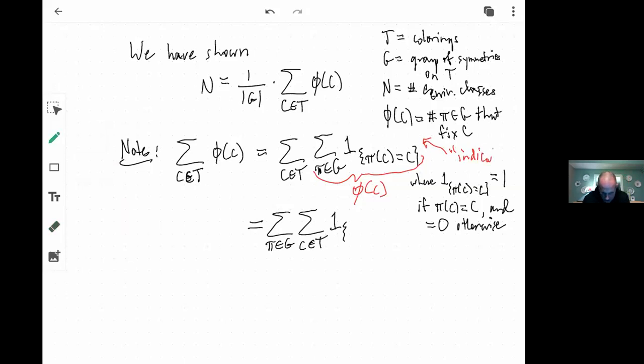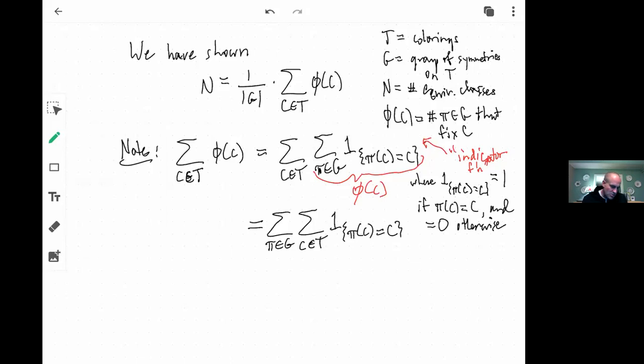So this is the indicator of pi of C equal to C. So it's the indicator of whether pi happens to fix C.